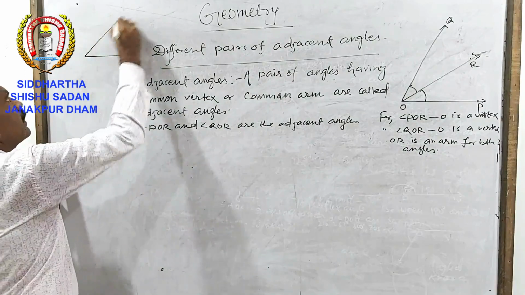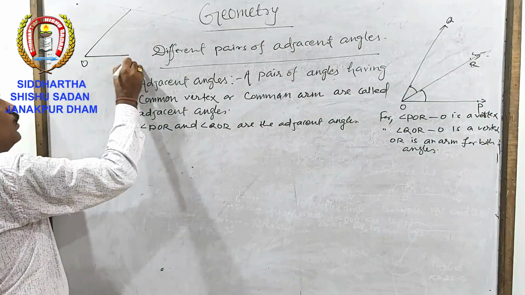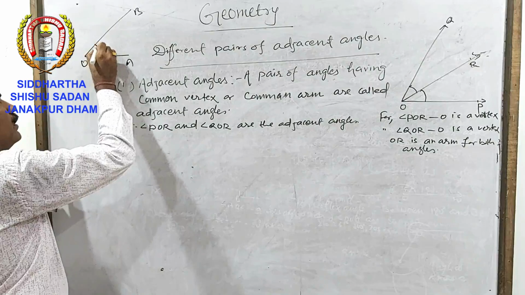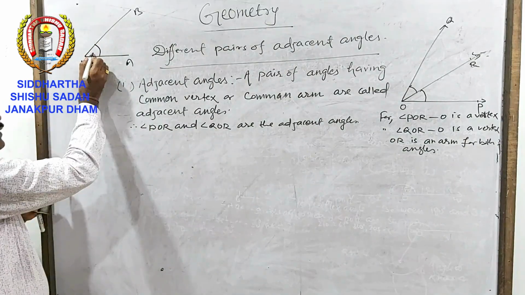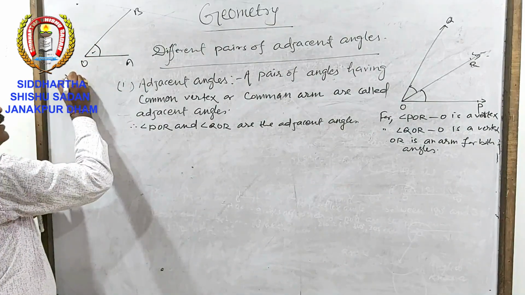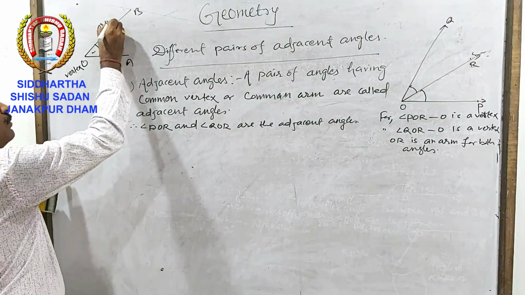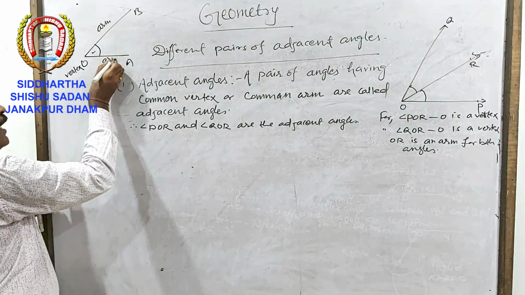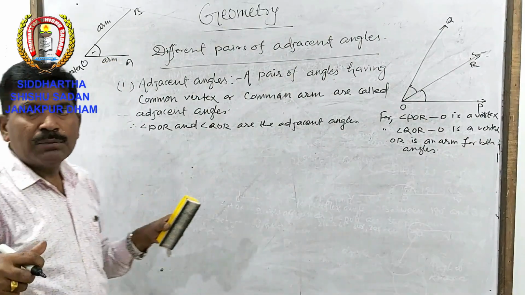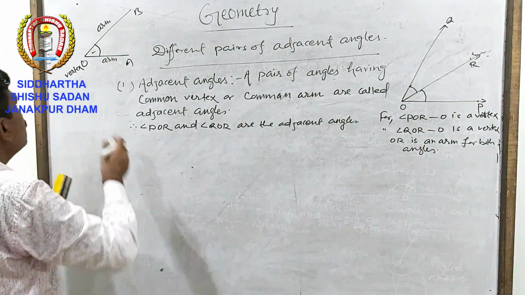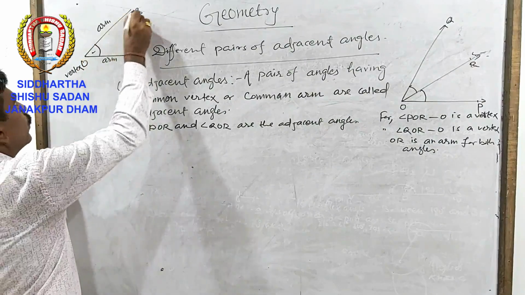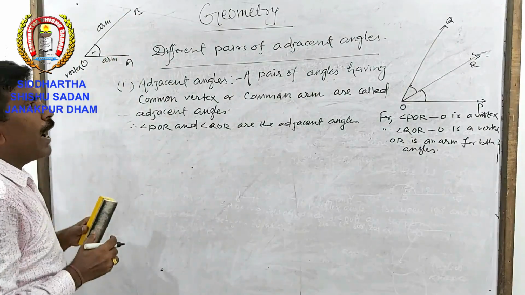Now this is the OAB here. Suppose this is an angle. So this is a vertex. This is an arm, and it is also an arm. Arm means sides. That means this is a vertex, and OB and OA are called arms.